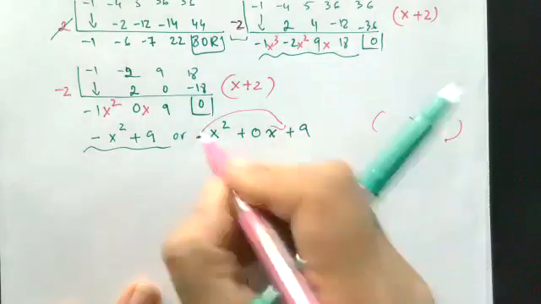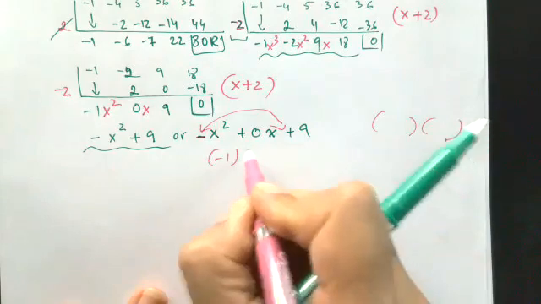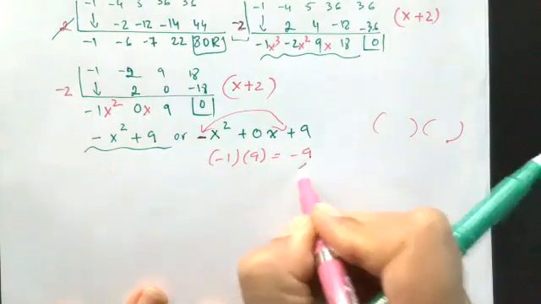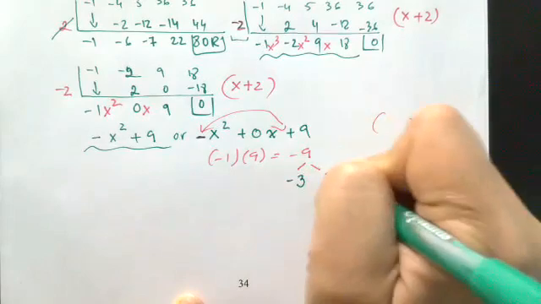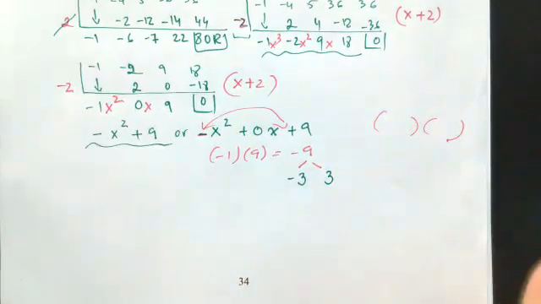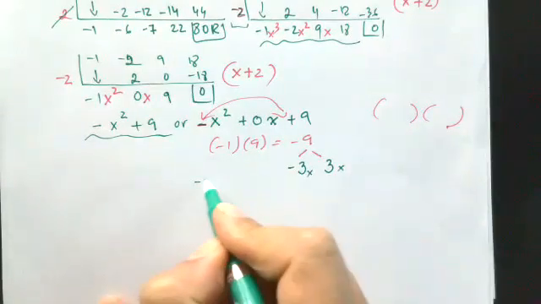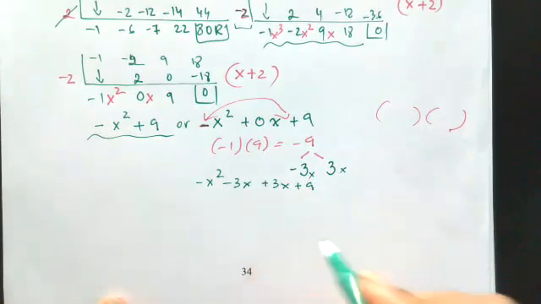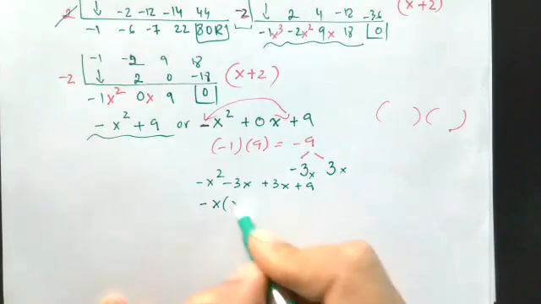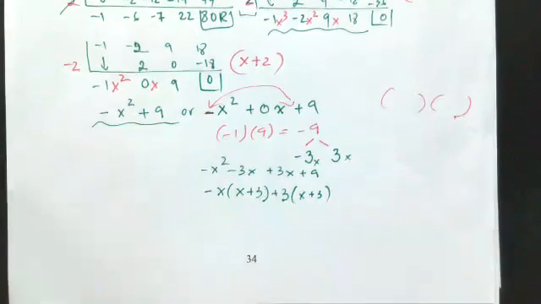So you have to times these two, -1 times 9 first is -9. What are two factors of -9 that add up to 0? -3 and 3, right? And then you split up with x's. -x squared minus 3x plus 3x plus 9, -x plus 3 plus 3x plus 3.